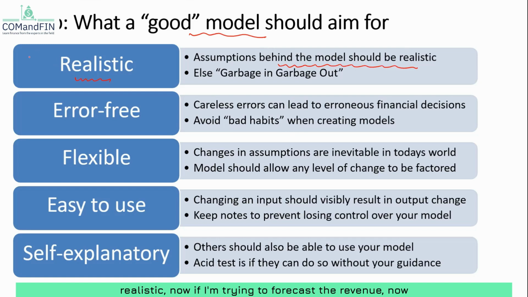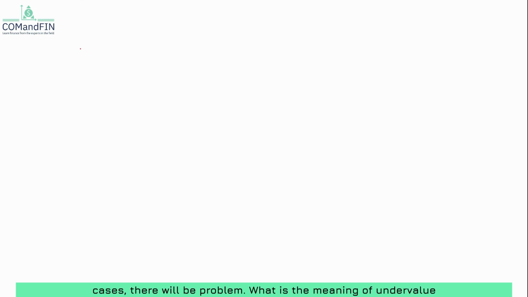Now, if I am trying to forecast the revenue, and I undervalue my revenue or overvalue my revenue, in both cases there will be a problem. What is the meaning of undervaluing and overvaluing revenue?